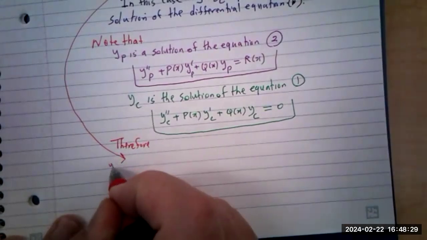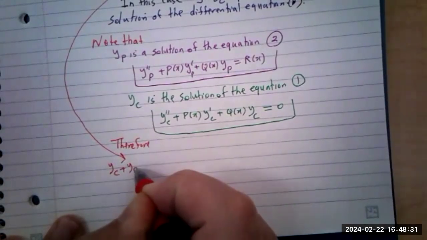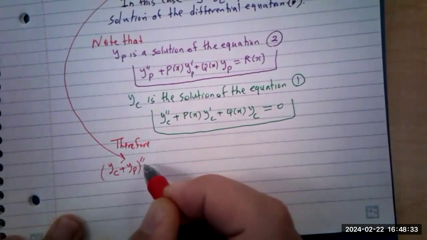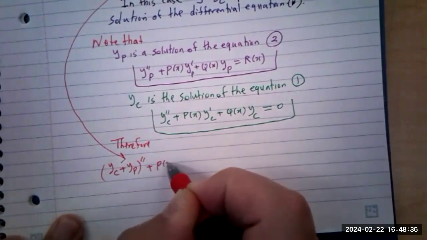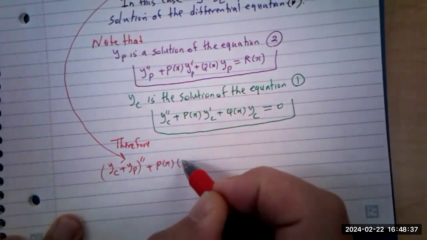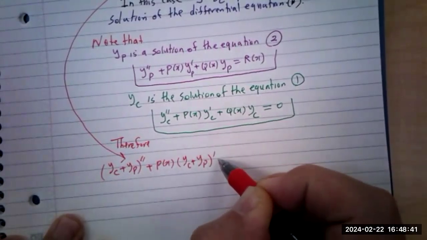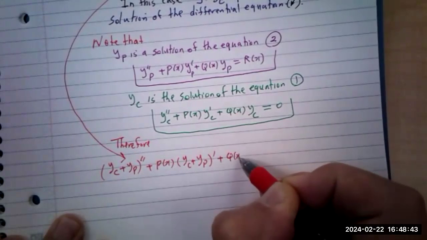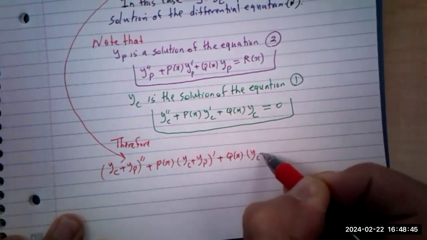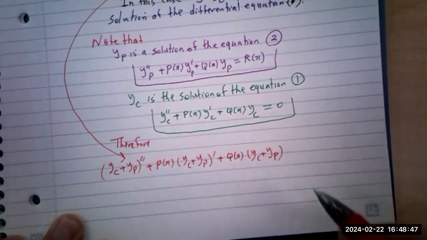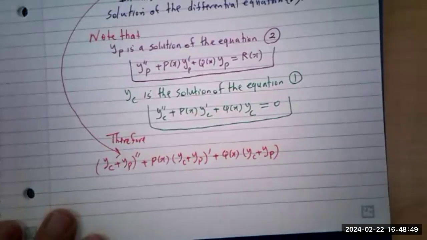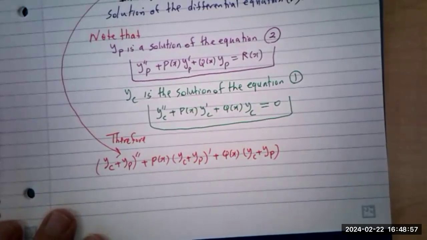That gives you (yc plus yp) double prime plus p(x) times (yc plus yp) prime plus q of x times (yc plus yp). I want to prove that this is equal to r of x. If you show that, this means yc plus yp is the general solution of your equation, and you're done.